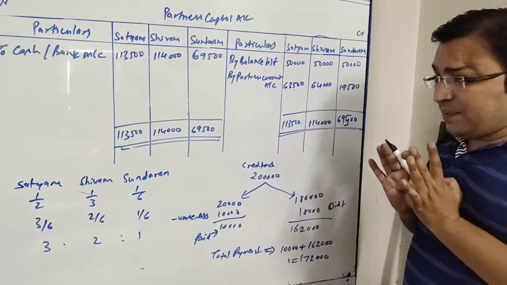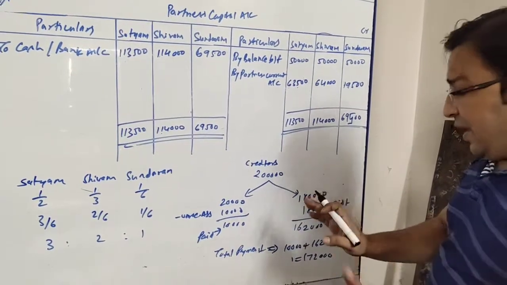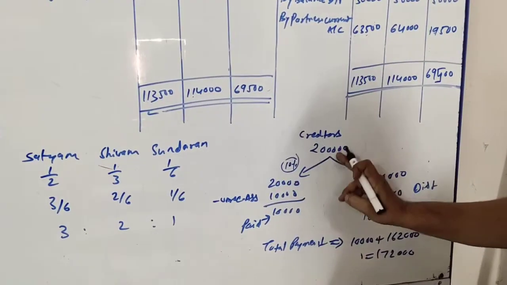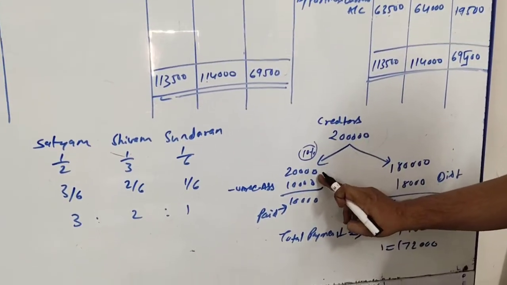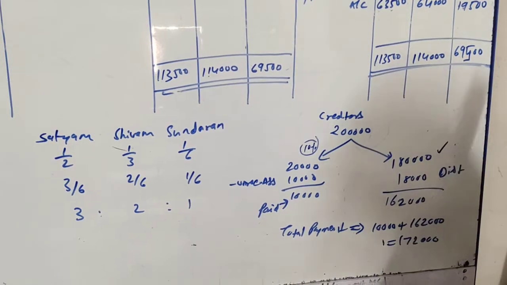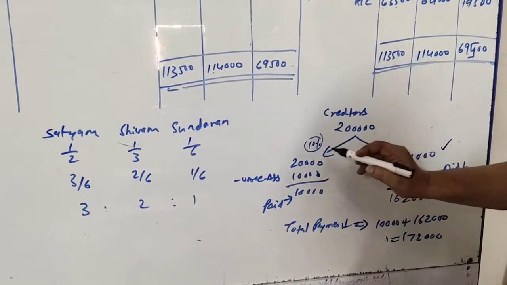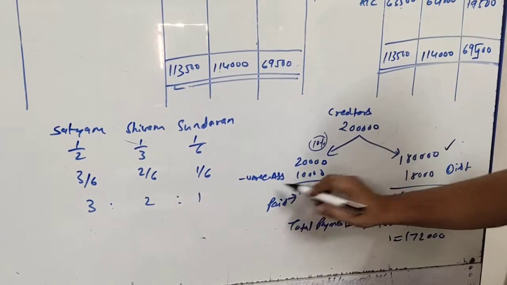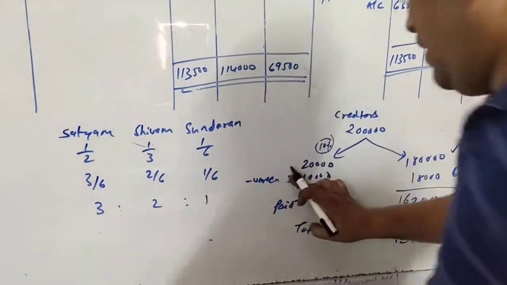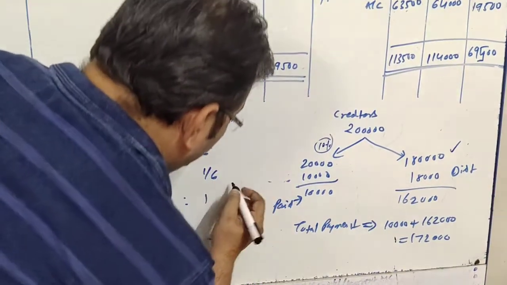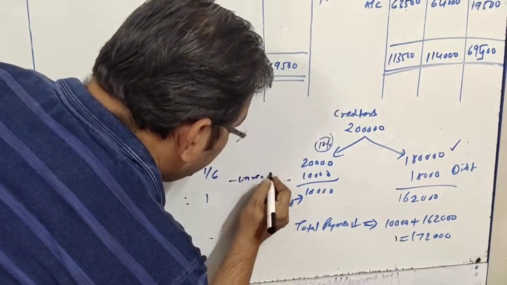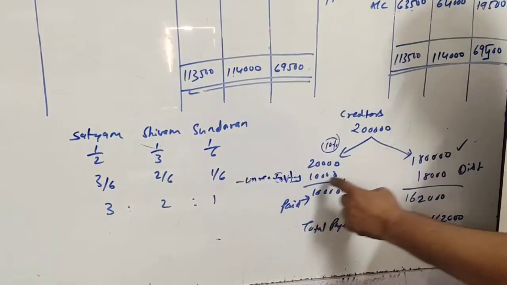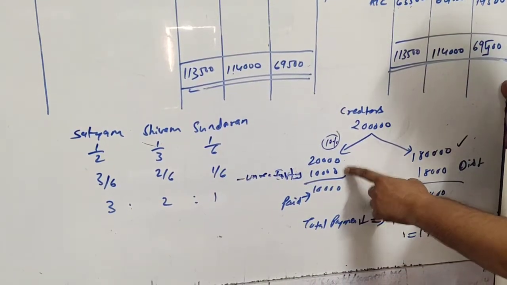So carefully we will follow this. First of all, as they have told us 10% creditors, 10% creditors will be 20,000 and the remaining will be 1,80,000. Now for this 10% creditor, it is told that they have been given an unrecorded investment of rupees 10,000.